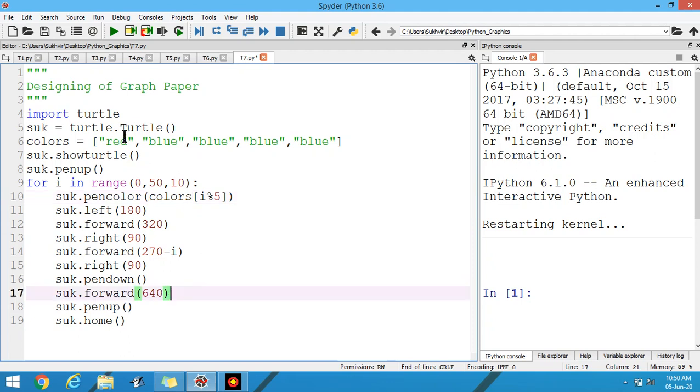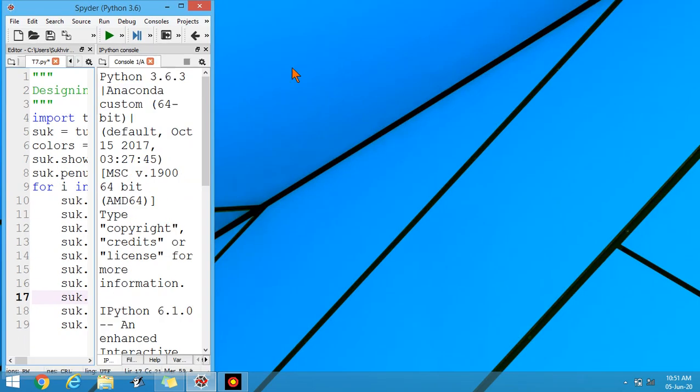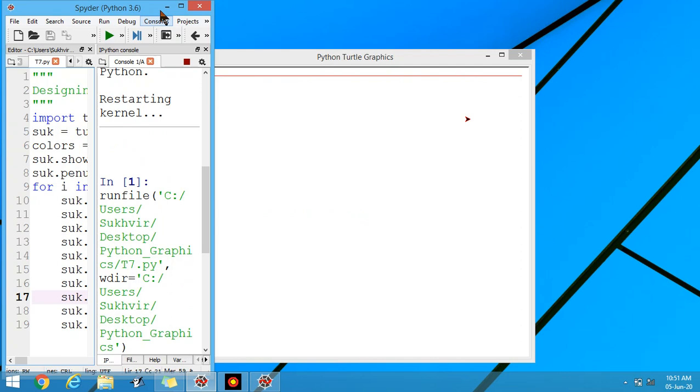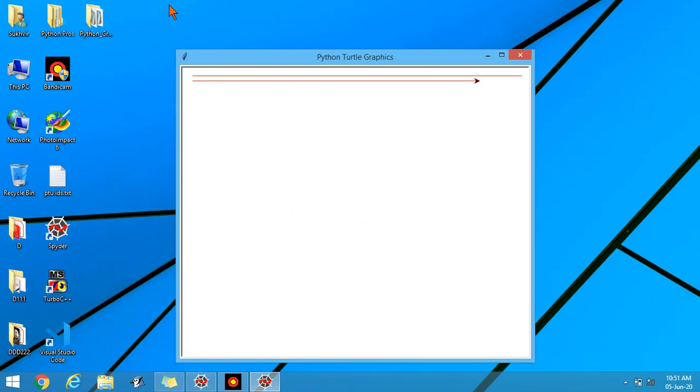First value means the remainder is 0, then 1, 2, 3 and 4. Let us try to execute the program, whether the change in color is there or not. All the colors are red. Let us try to change.